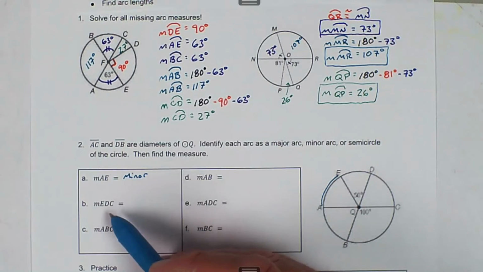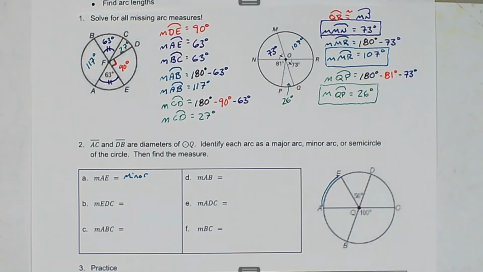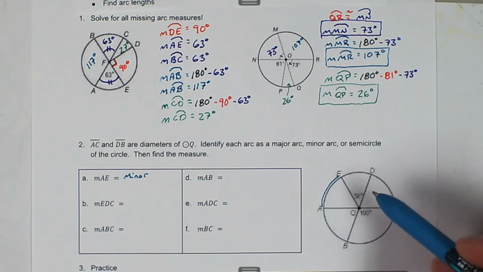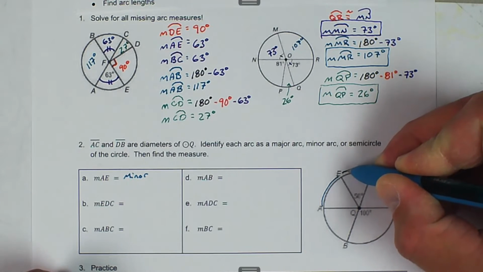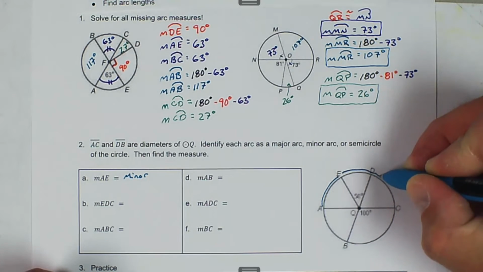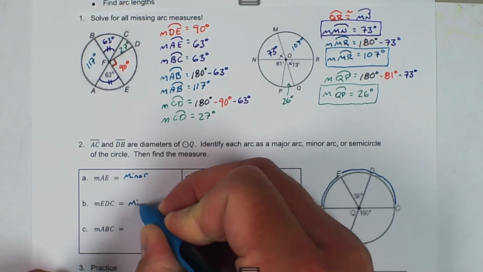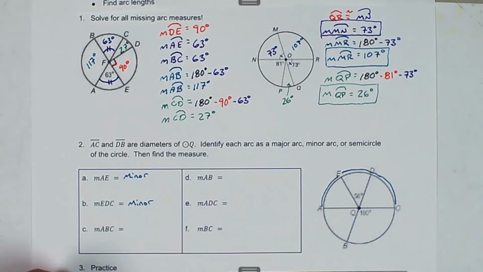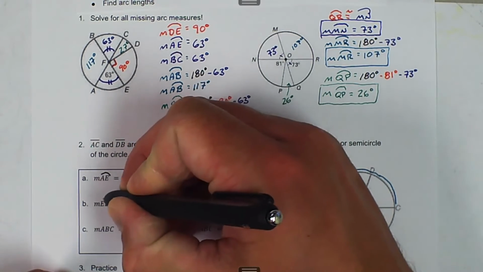Next we're going to look at is EDC. EDC, that's less than 180 degrees. So EDC is also going to be a minor arc. Then next we have measure of ABC. We can put our arc measurement symbol over these. So we're talking about arcs.